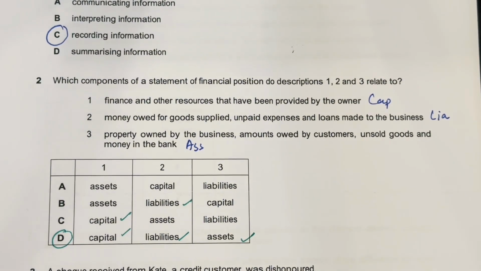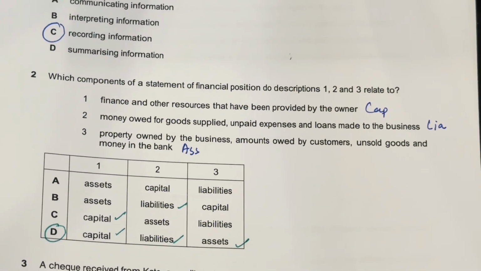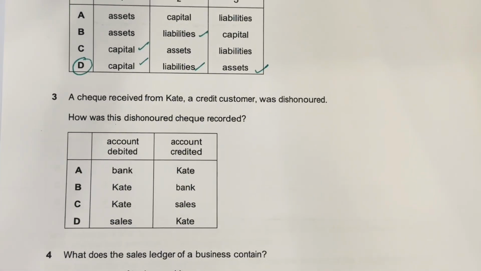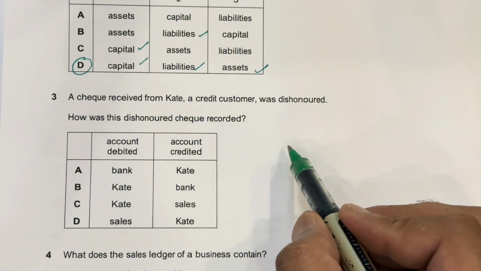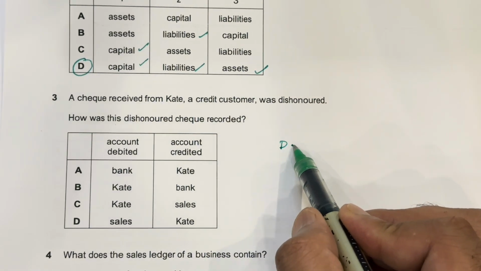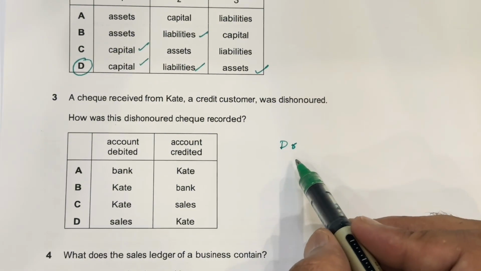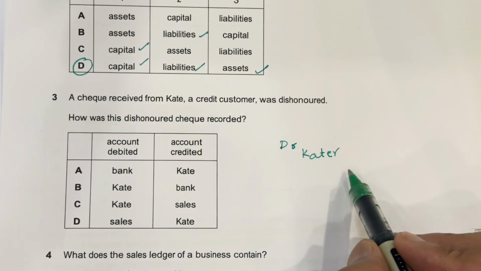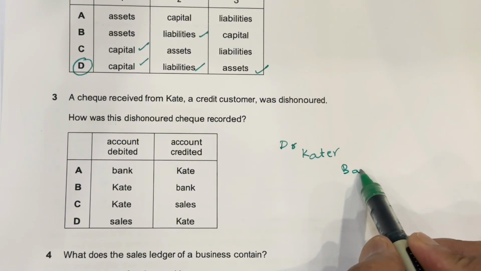Now we will move to question number 3. Question number 3 is a simple double entry question. A cheque received from Kate, a credit customer, was dishonored. How was this dishonored cheque recorded? First we record the debit: Kate's account should be debited and the credit should be the bank account.